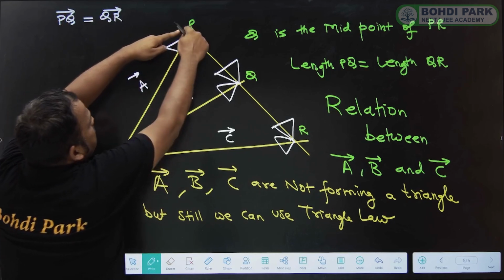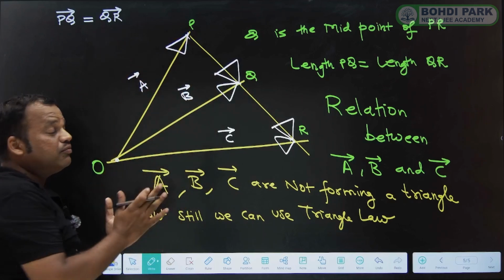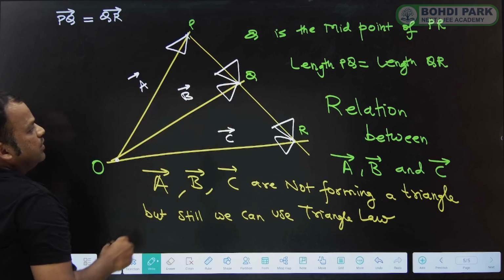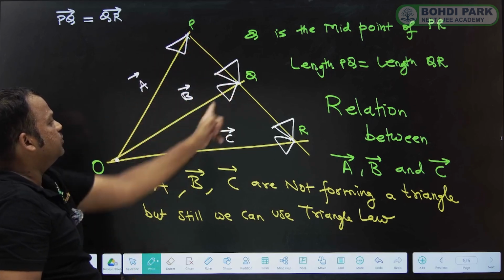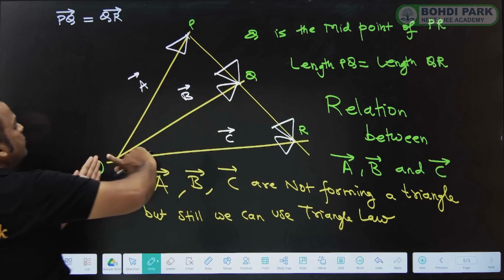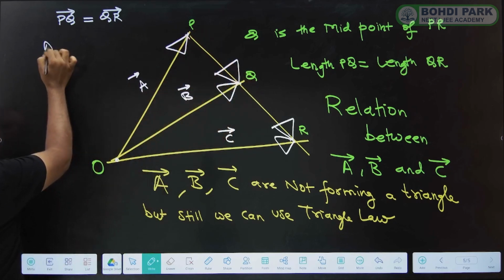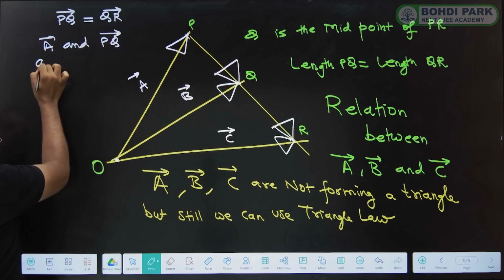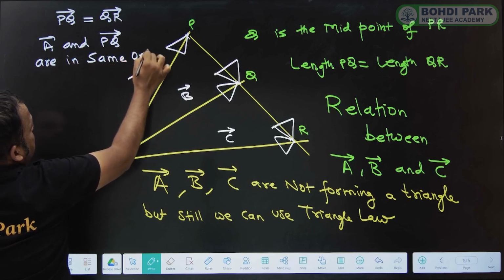Now we will write PQ vector in terms of A and B. So first we will find the relation between PQ vector, A vector and B vector. For that we will use the triangle law. Now you can observe A vector and PQ vector are in the same order.